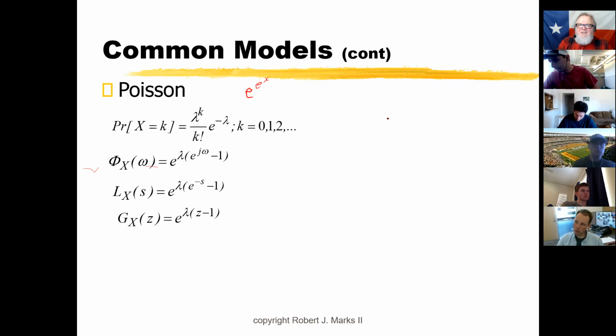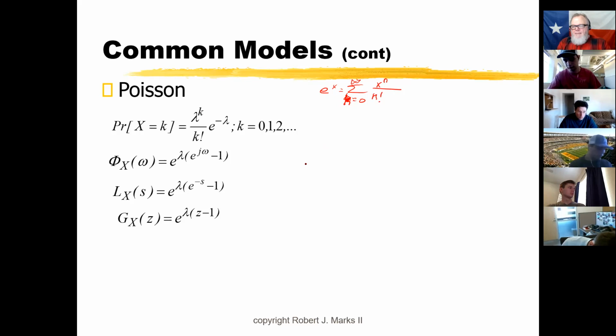This is another summation that you should know: e to the x is equal to the summation, let me use k here, that's the Taylor series expansion for e to the x. Is that okay?